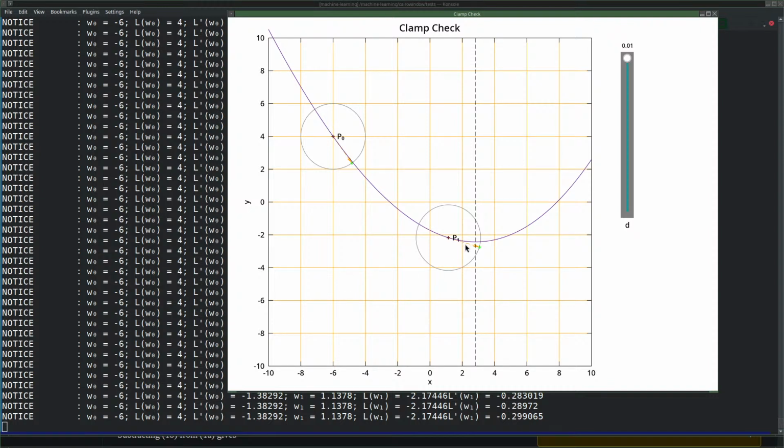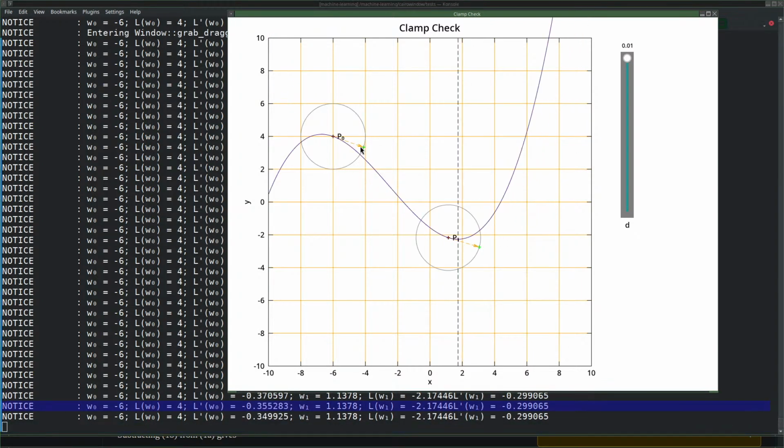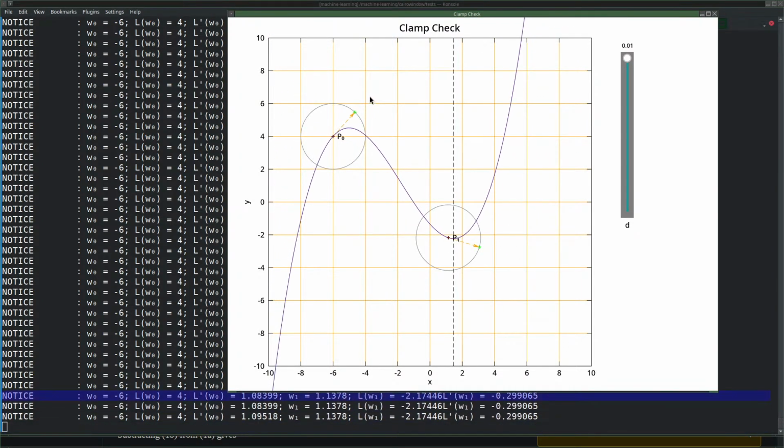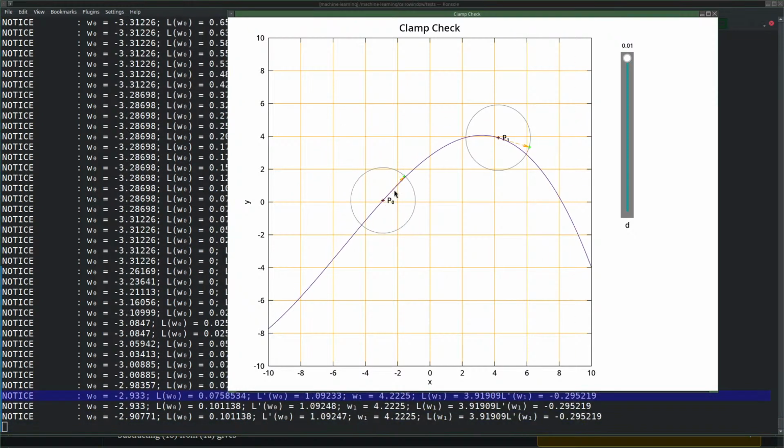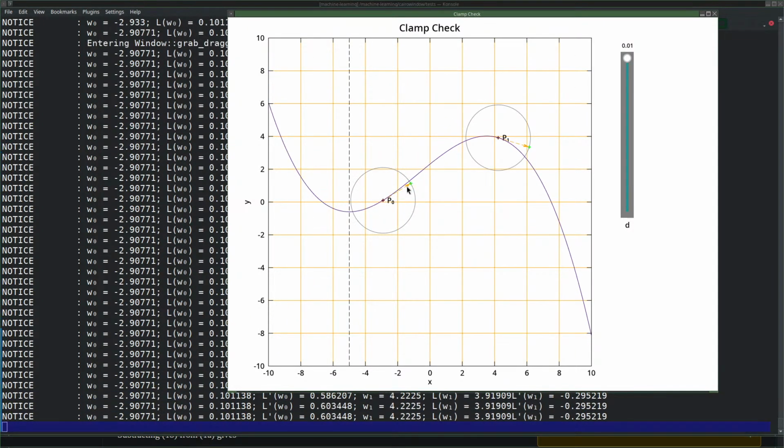Is it possible that the minimum is on the other side? Because we had it in between and on the left of P1. Can I create a minimum on this side? Yes, of course I can. Or not. Yeah, well, maybe not, actually. A minimum on that side. Well, oh yeah, there it is. Dang. Okay, so the minimum can be anywhere.